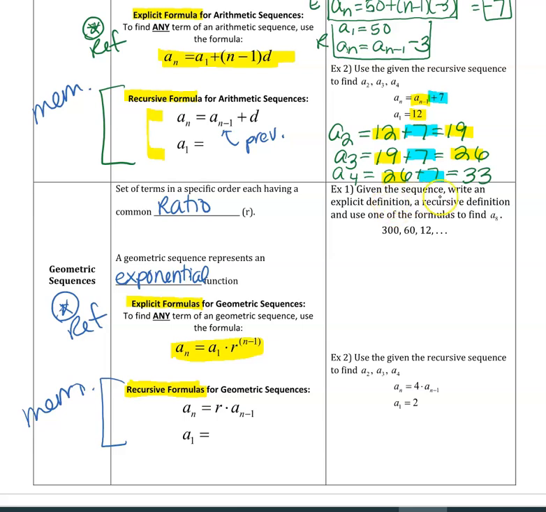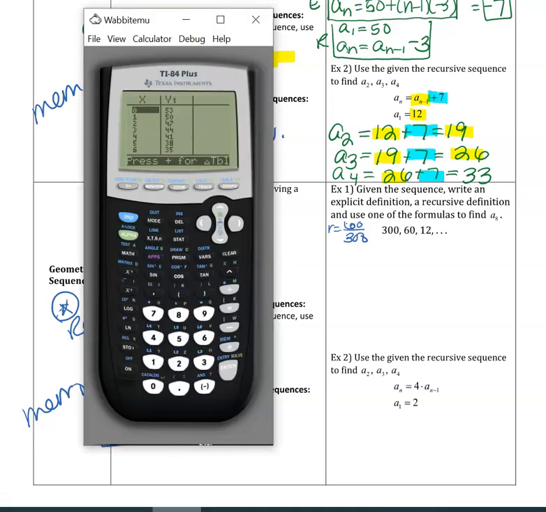So, given the sequence, write an explicit definition, a recursive definition, and then use one of the formulas to find a sub 8. So just like what we did up above. Now, in order to find your common ratio, you can always take a term and divide by its previous term. So in this case, my common ratio would be 60 divided by 300.